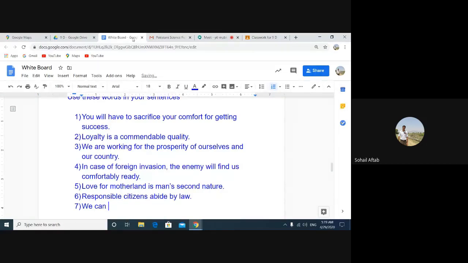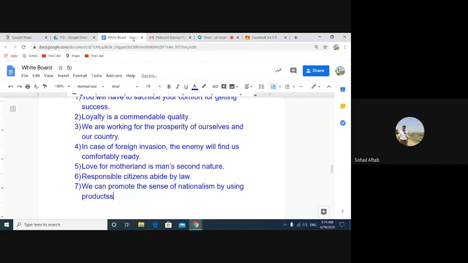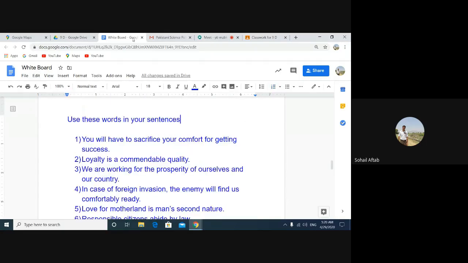We can promote the sense of nationalism by using products made in our own country. Okay.